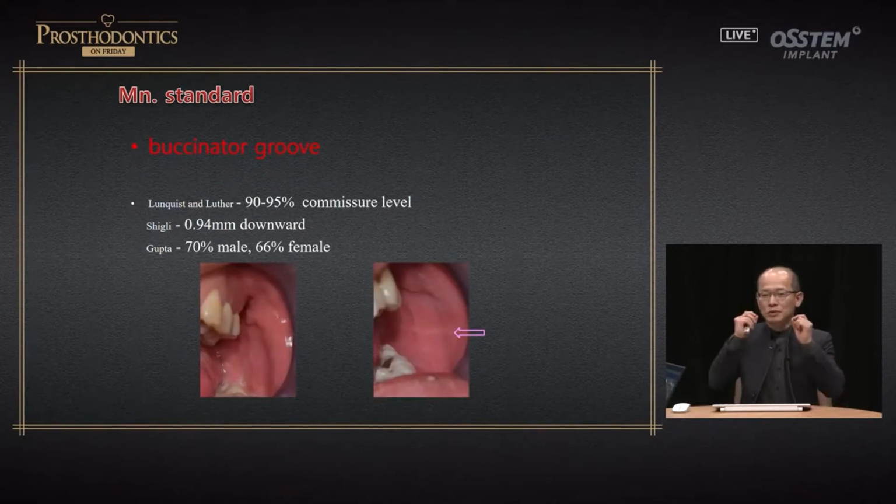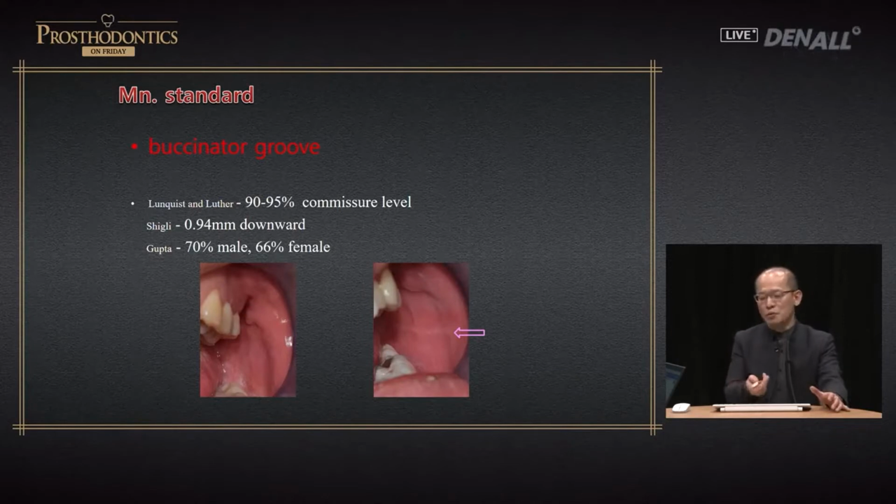And also the buccinator groove, if there's a clench, then on the buccal inside, the buccinator groove does exist, but some do not have that. So if you can observe that inside the mouth, using that, the distorted occlusal plane can be guessed.